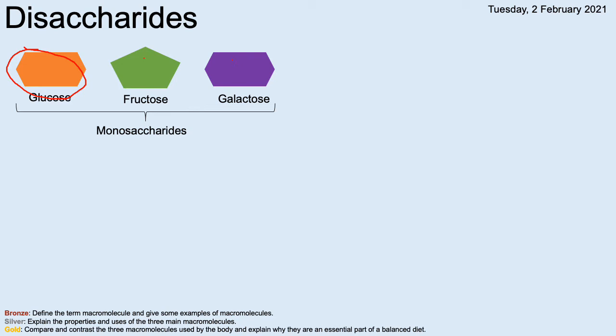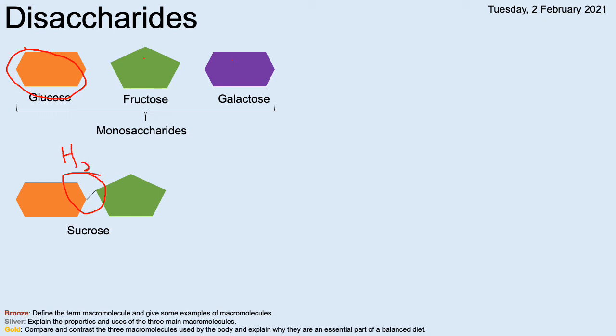So if you combine glucose and fructose together, you get sucrose, which is a disaccharide, and it is bonded together with a glycosidic bond. You won't need to know the name of that bond now, but it is good to know that there is a chemical bond between the two, and when the bond is formed, it releases a water molecule, and that is called a condensation reaction.